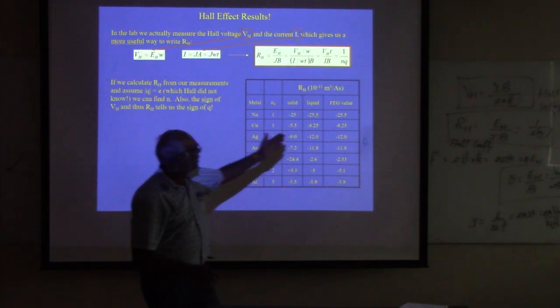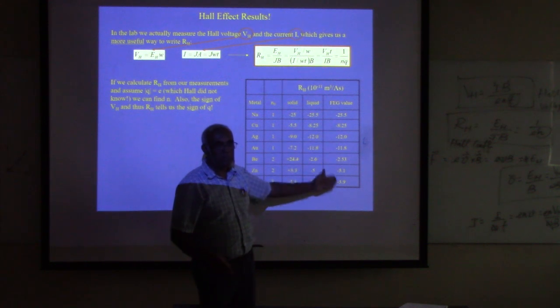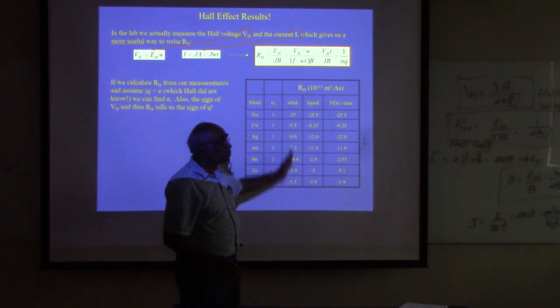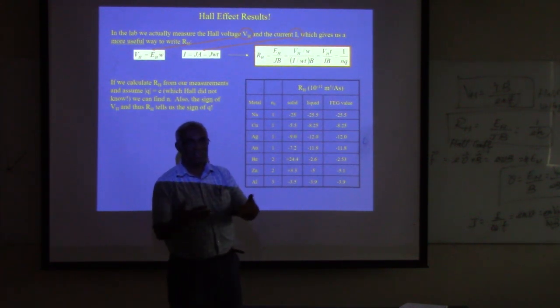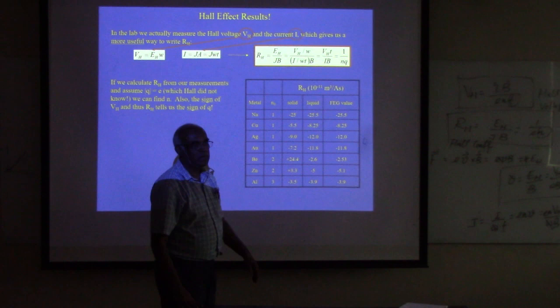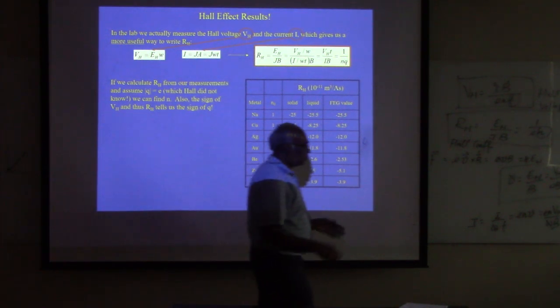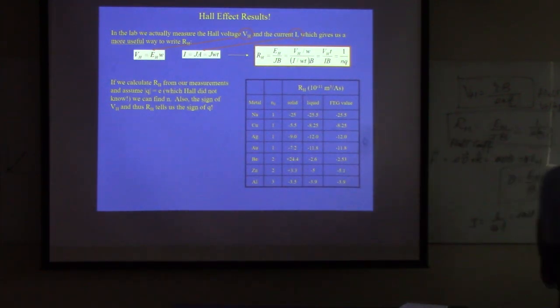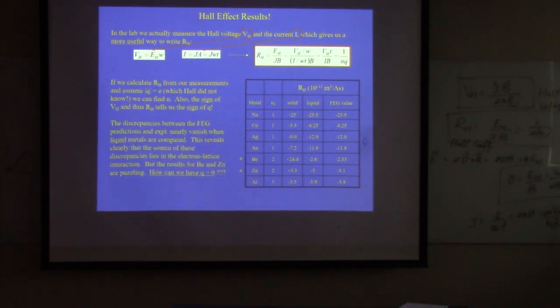So that's why you get perfect agreement with this one. But if you have a solid, you have these crystals, that means you have phonons and all these things. So that can make it complicated. If you make it liquid, no crystals, that means it's a perfectly good free electron gas. Okay.